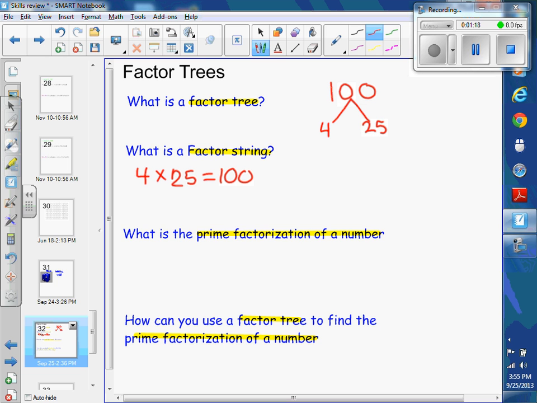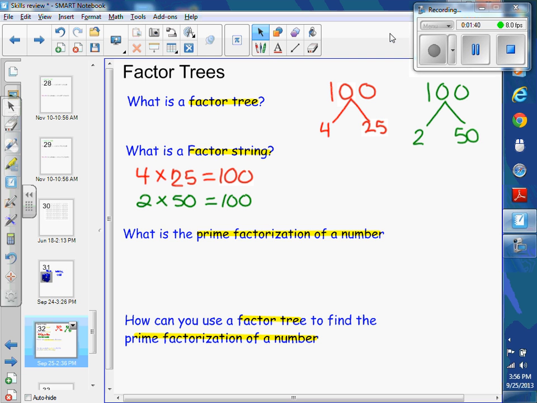But for the number 100, there are many factor trees that you can make. You could have made a different factor tree by using 2 and 50, and that would give you a different factor string, which could be 2 times 50 equals 100.